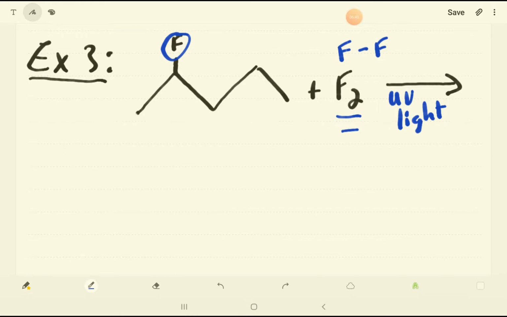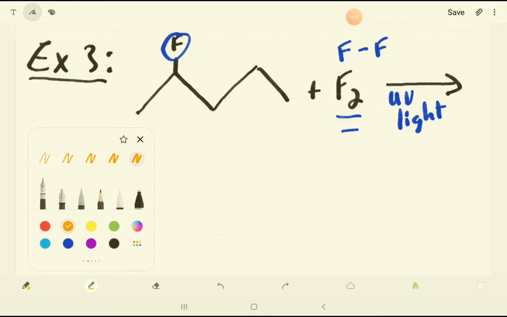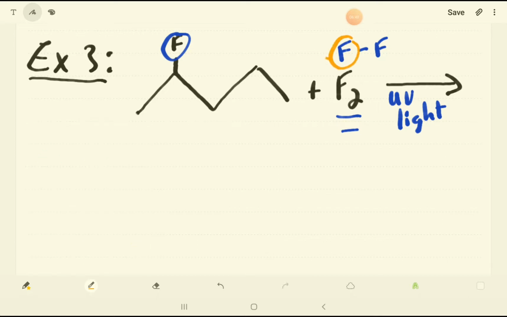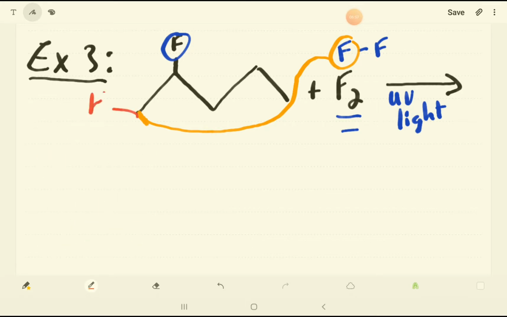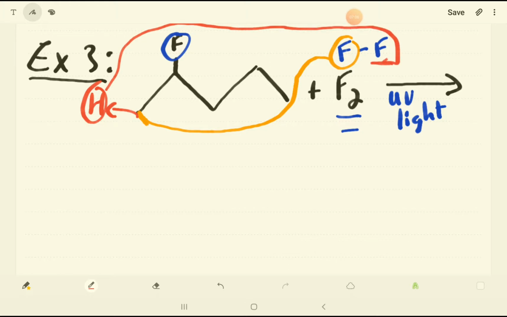And so, just like our others, one of the fluorines is going to bond itself to the carbon, which will release a hydrogen, and that hydrogen is going to bond itself to the remaining fluorine, and so we end up getting a more halogenated alkane.